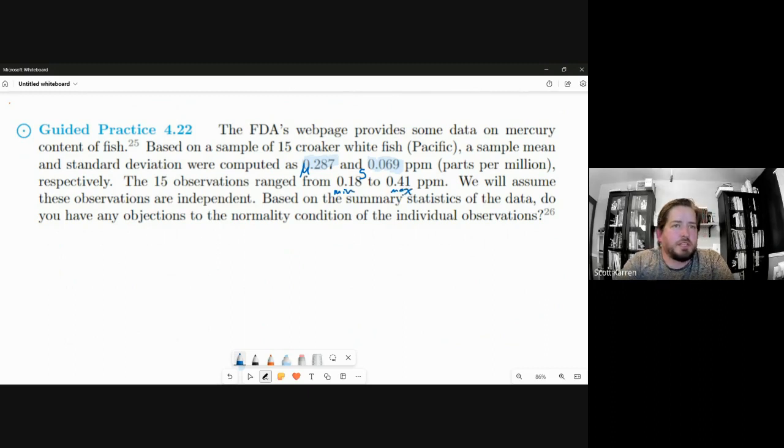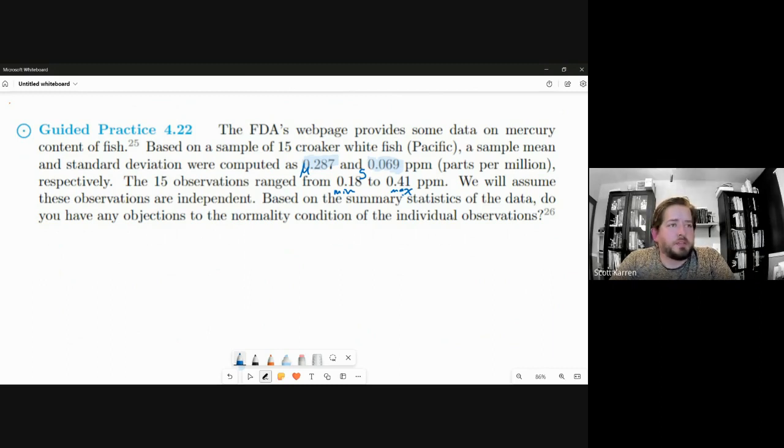The question is simply, if we assume that they're independent, because it's almost blatantly obvious that they are, since you only took 15 fish, and if that's more than 5% of the croaker fish, you should definitely not be fishing for them.